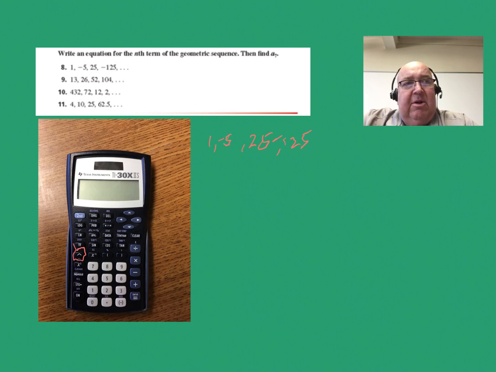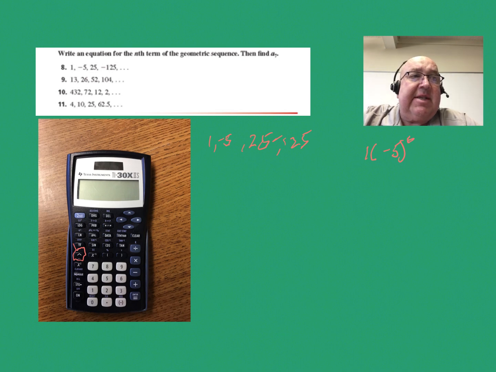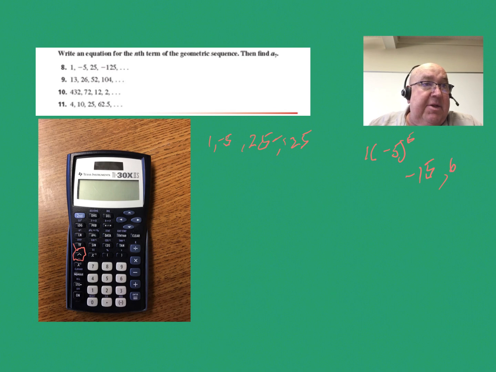So our first term is 1. So this will be -5 to the 7 minus 1. So we're going to use 6 for our exponent. And our first one is -15,625.